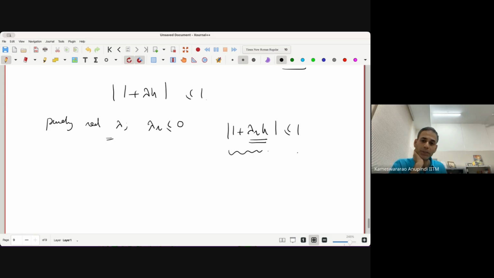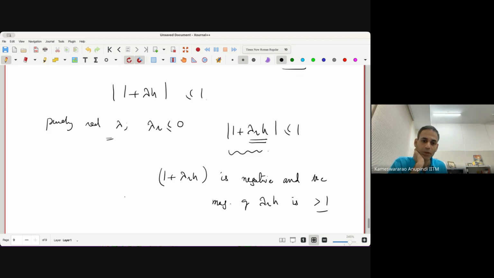So what this means is that 1 plus lambda R h is negative, and the magnitude of lambda R h is greater than 1.